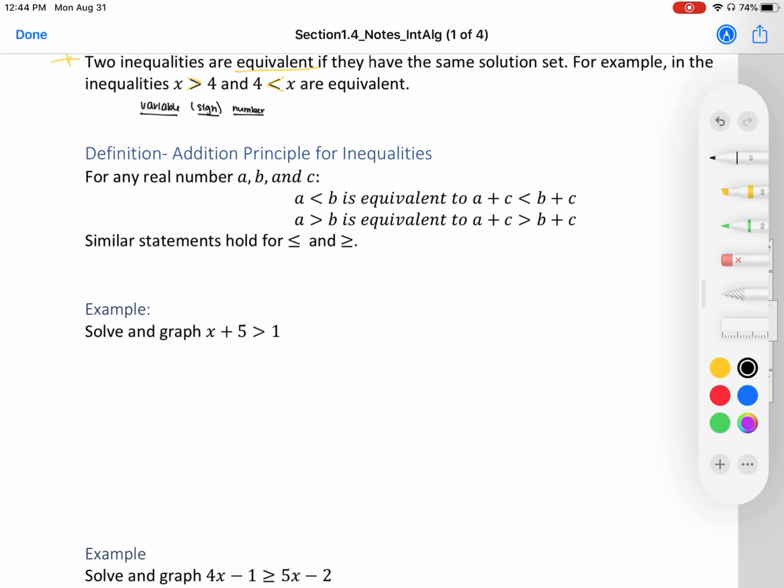Similar statements hold for less than or equal to or greater than or equal to. So this is similar to what we saw in the past with the addition principle of equality, and that lets us know what we do to one side, we must do to the other.